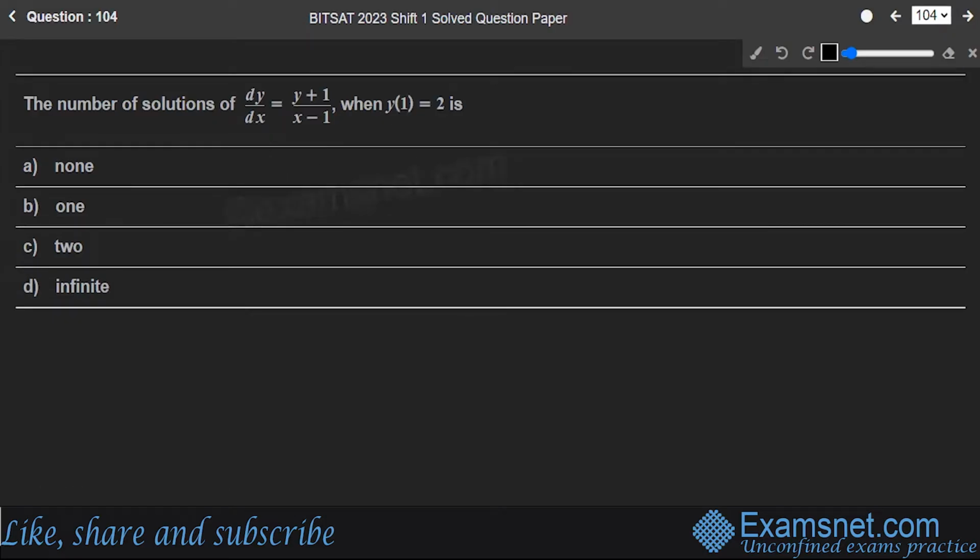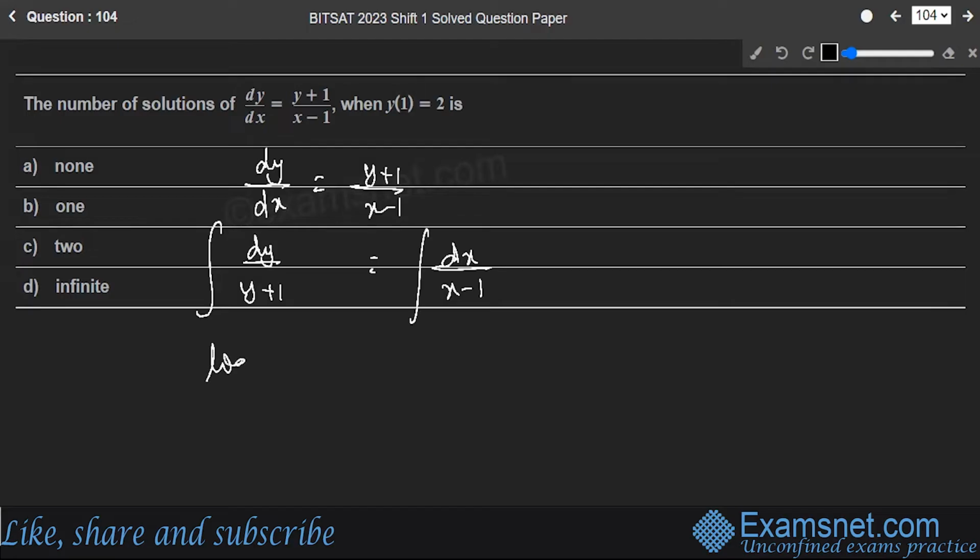Okay. You have dy by dx as (y plus 1) upon (x minus 1). You can write it like dy by (y plus 1) is equal to dx upon (x minus 1). Now integrating on both sides, you will get log(y plus 1) is equal to log(x minus 1), let's say minus log c.